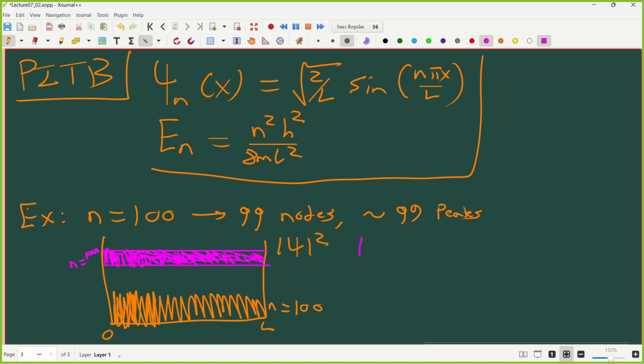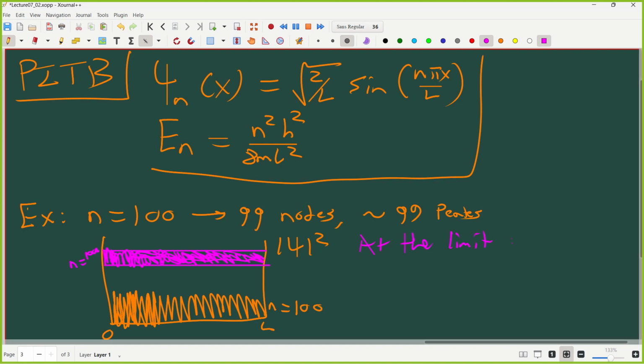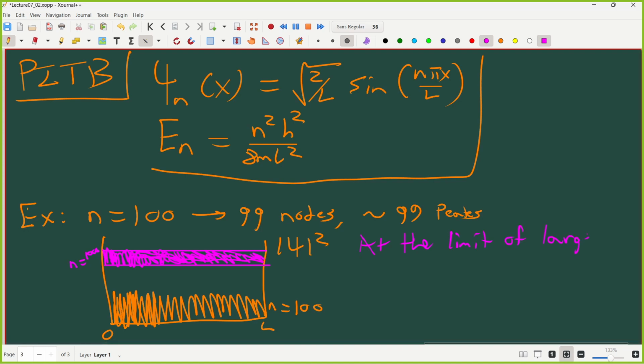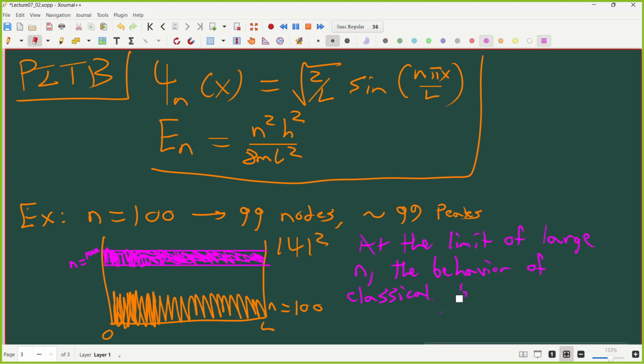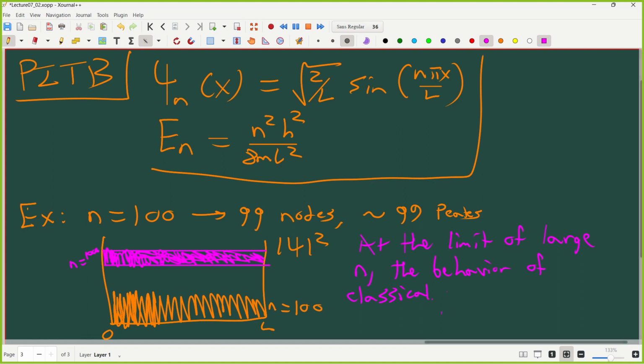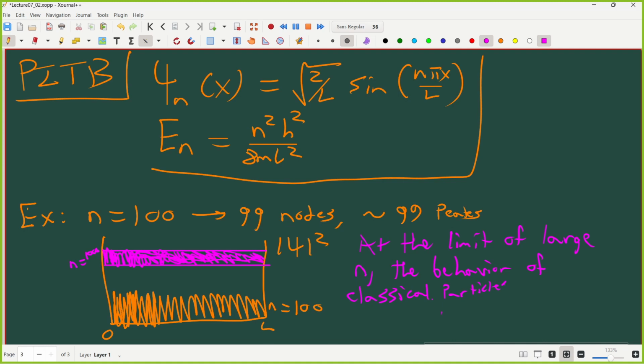So at the limit of large n, the behavior of classical gases or classical particles, classical atoms, gases, whatever, naturally arises.